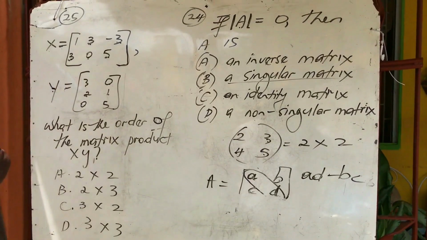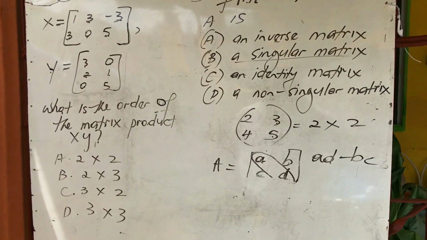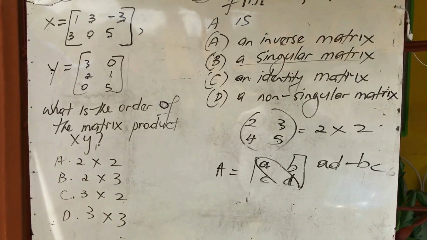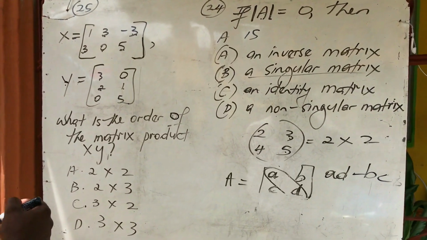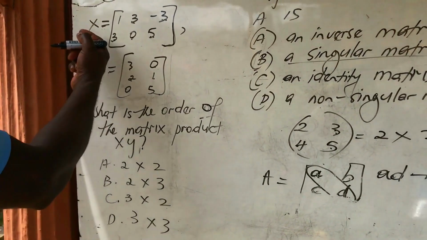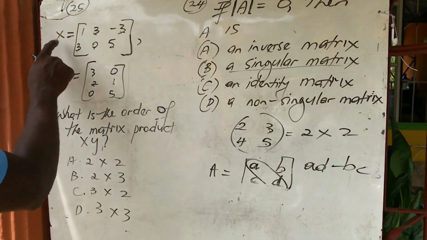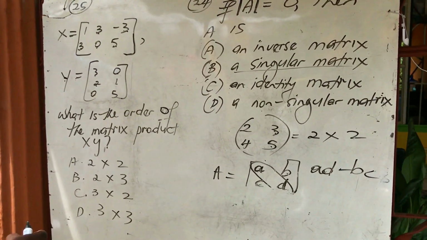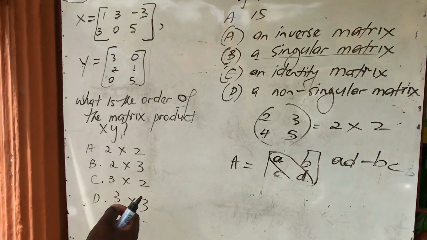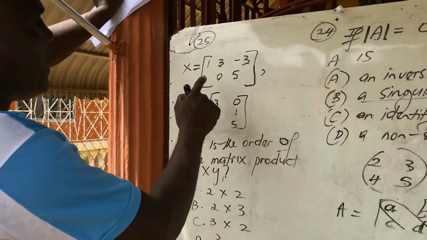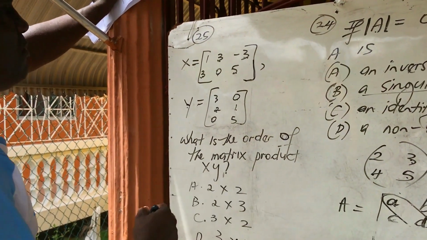Now, for you to know the matrix product of two matrices, we first need to know the order of each matrix. Let us look at matrix X. The order of a matrix, if you can remember, is determined by the number of rows times the number of columns.